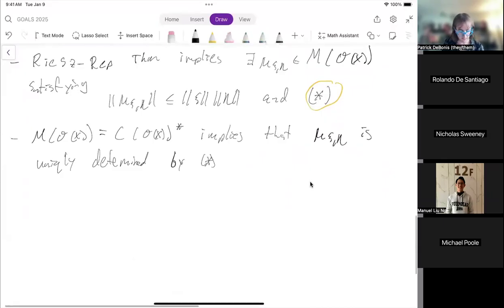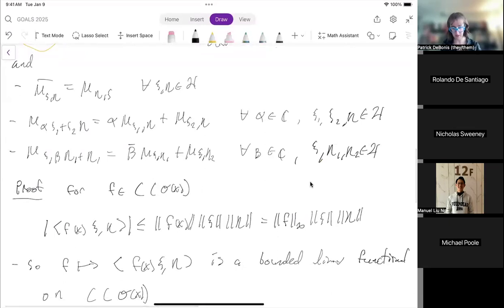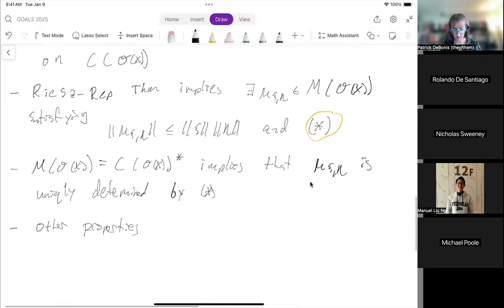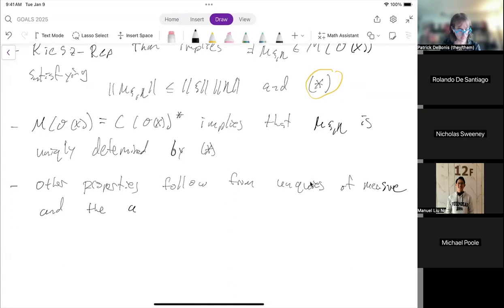And the other properties, which were these ones here, the conjugation and linearity and conjugate linearity in the second coordinate, are going to follow from the uniqueness of the measure and the analogous properties for an inner product.